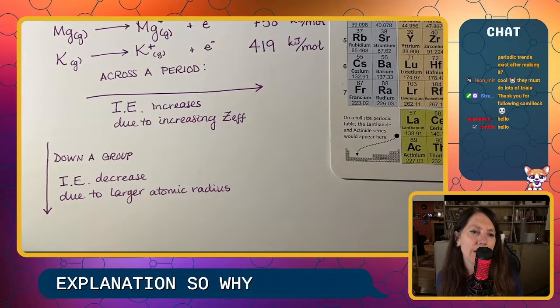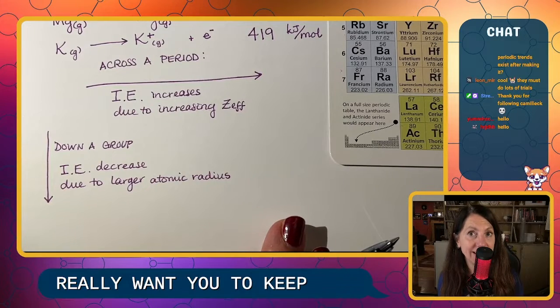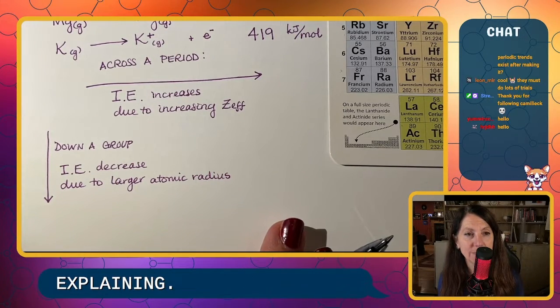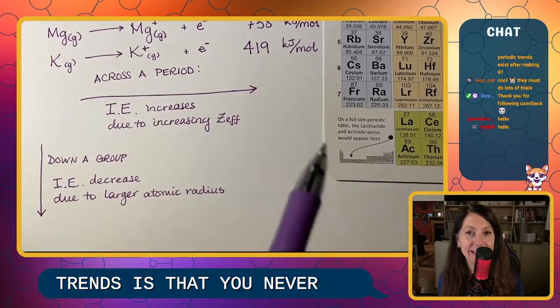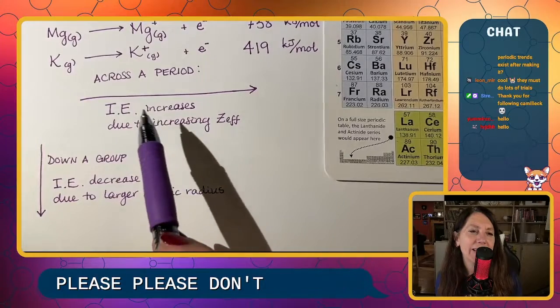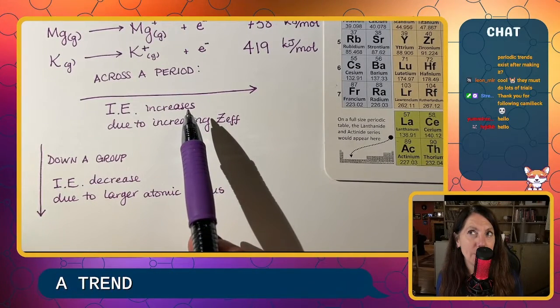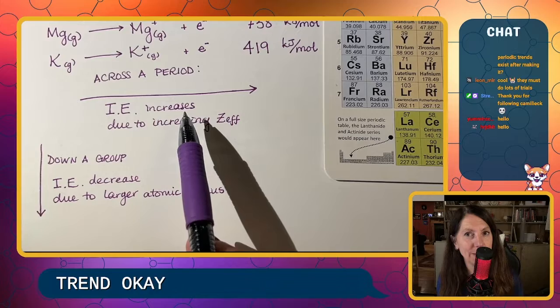So one thing I really want you to keep in mind when you are explaining periodic trends is that you never, please don't, explain a trend by invoking the trend. Okay, what do I mean by that?